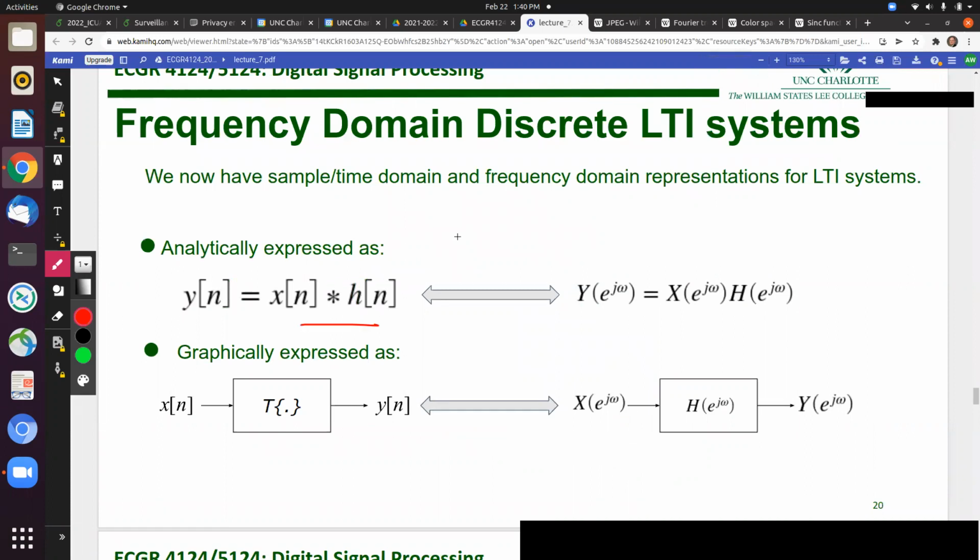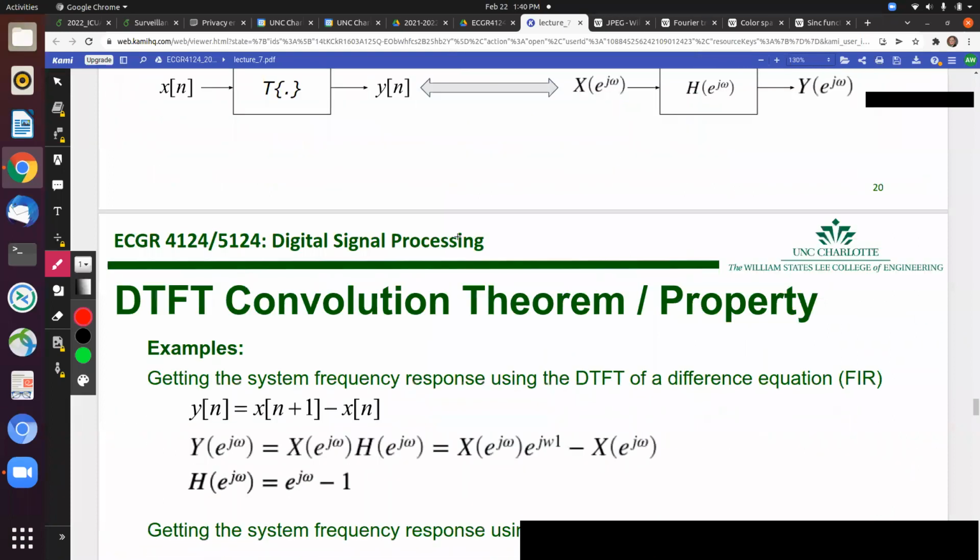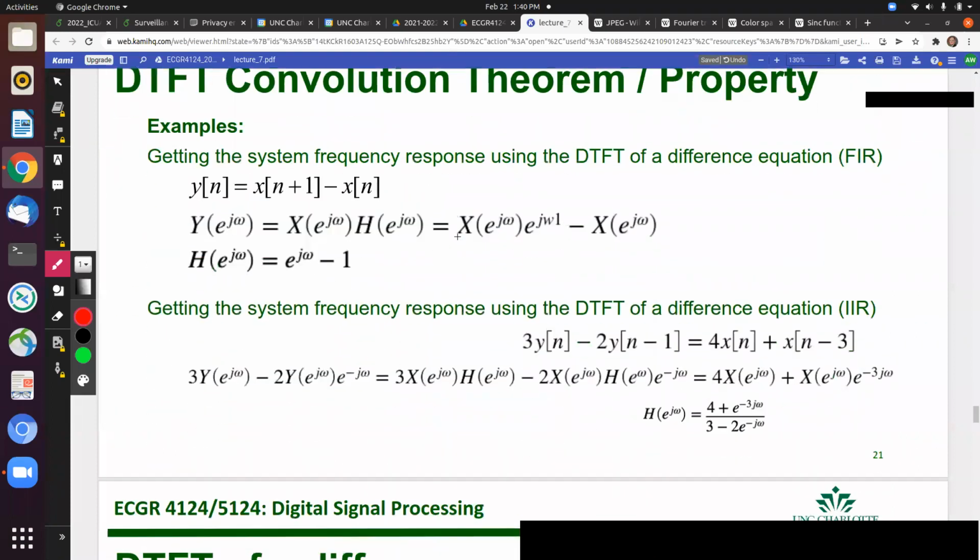So again, this is a very, very important property: convolution in the sample domain is multiplication in the Fourier domain. And we can do this and actually solve difference equations quickly this way. So if we have a difference equation that looks like this, we can take the Fourier transform of that difference equation. We're going to be repeatedly applying the delay property because we have a delay of +1 here, right?